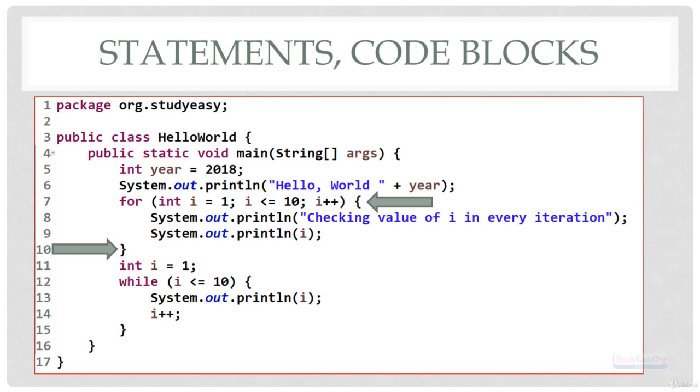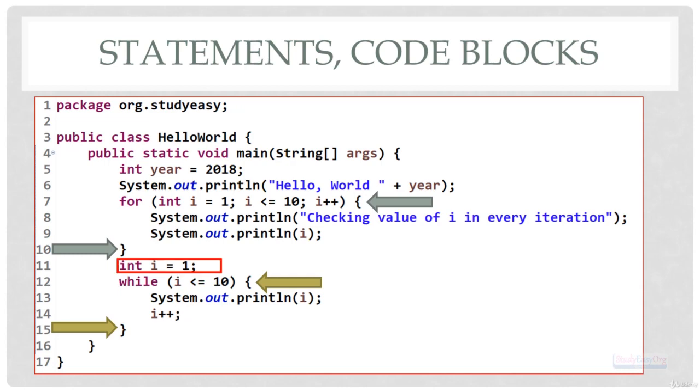Likewise, we also have a code block for a while loop. There could be numerous code blocks. Whenever there are braces, we can say that that specific set of instructions is a code block. So always go by the braces. Braces indicate the code block.